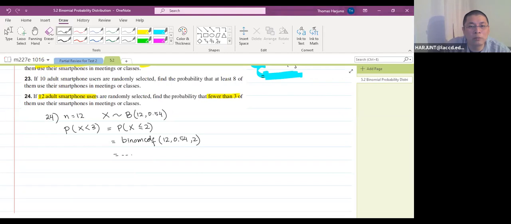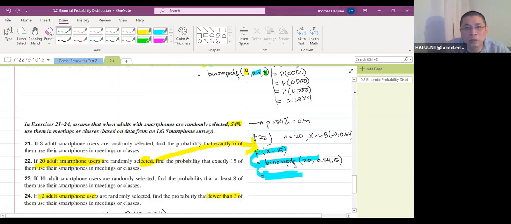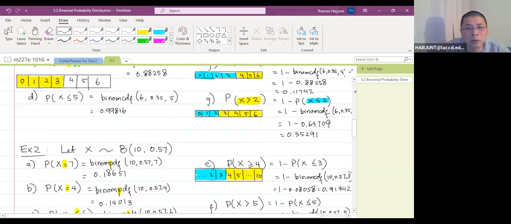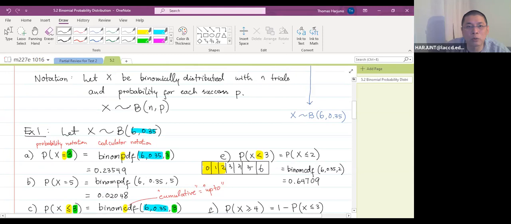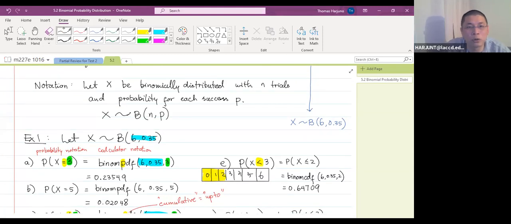Before I go on, let me do one more thing. I think I should write it above there. Let me just do it here, so that when you restudy from your notes, you don't see it in two different places. Now, if you have a binomial distribution with parameters N, P, then the expected value, which is the mu, is given by N times P. Again, only if it is binomially distributed.